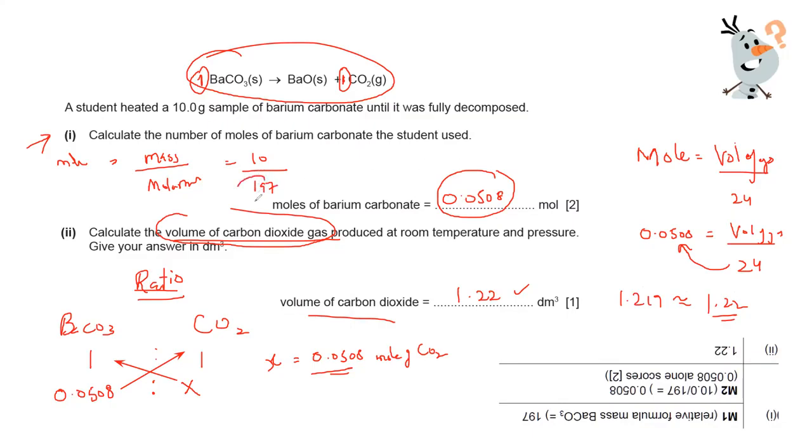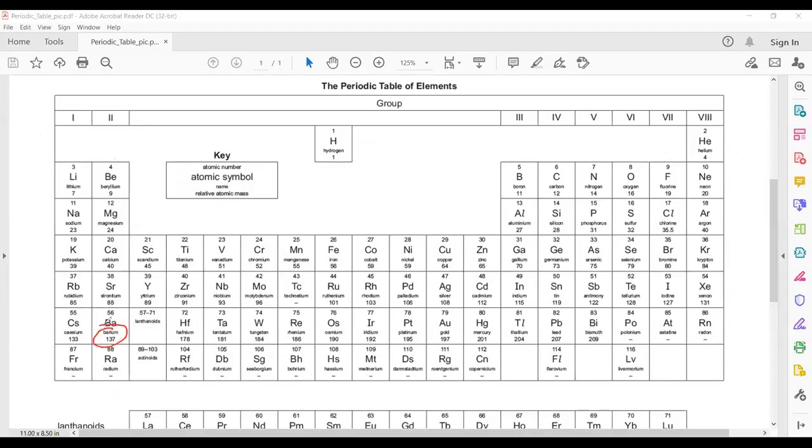How did we get this 197? It is barium carbonate. So for barium carbonate, you have to use the periodic table to get the molar mass. As you can see on the periodic table, we are finding the mass of barium carbonate. The molar mass means molecular mass here. So barium, when you check, is 137.